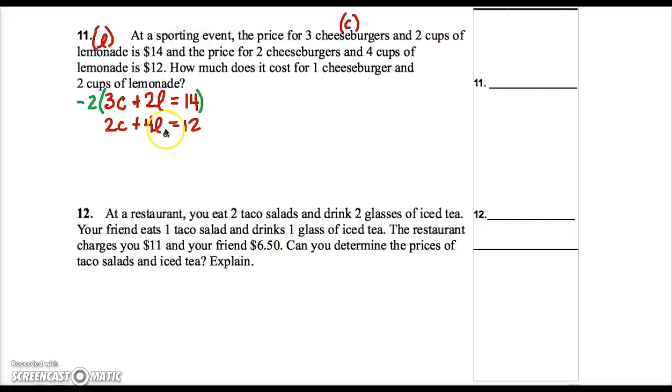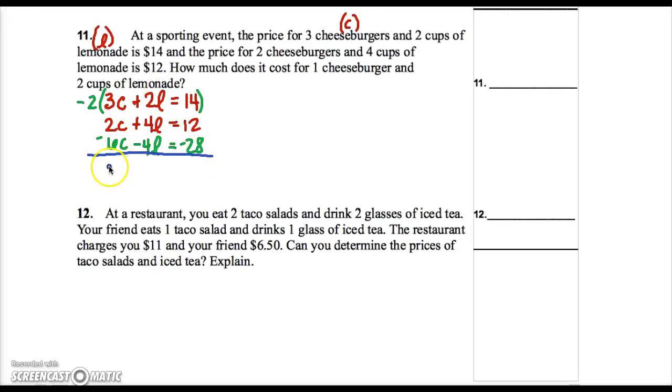So what I get is -2 times 3C is -6C. -2 times 2L is -4L. And -2 times 14 is -28. And then I can just add these two together.